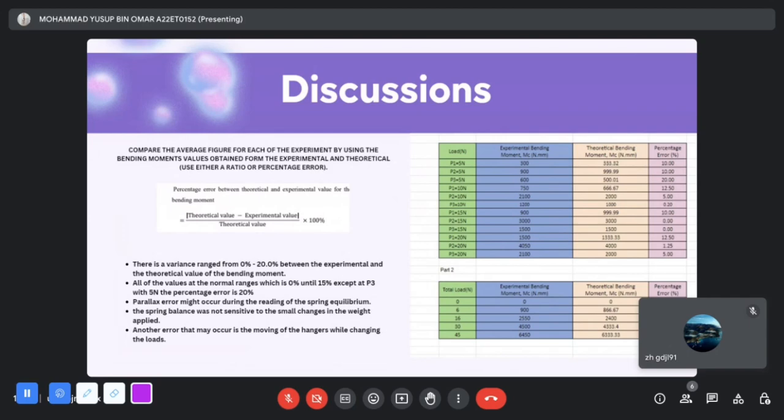Another error might occur when we change the load, but the hanger moves some distance.